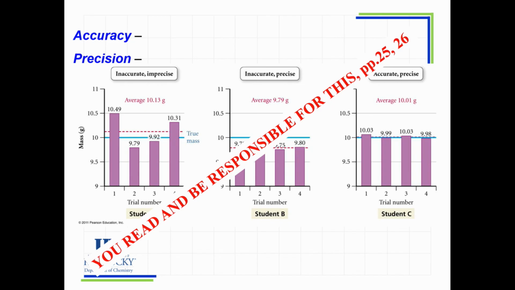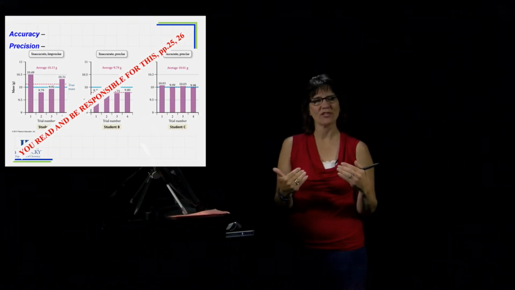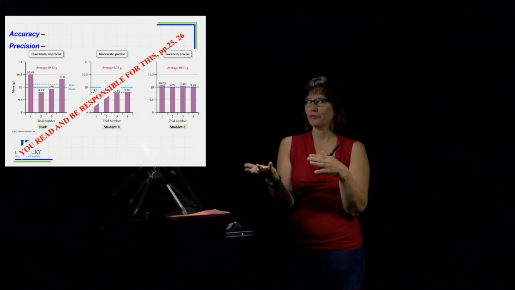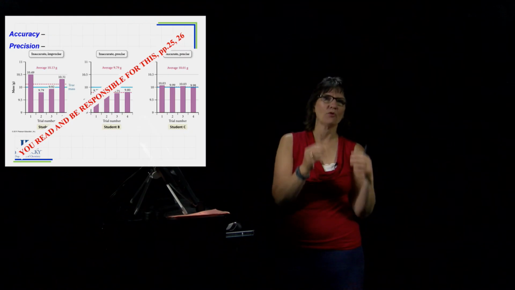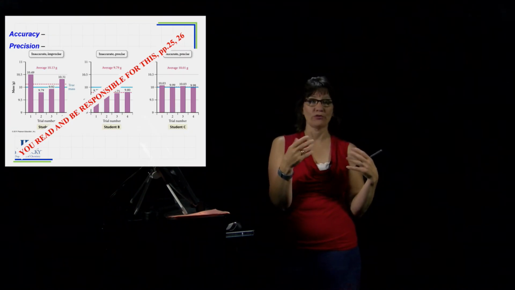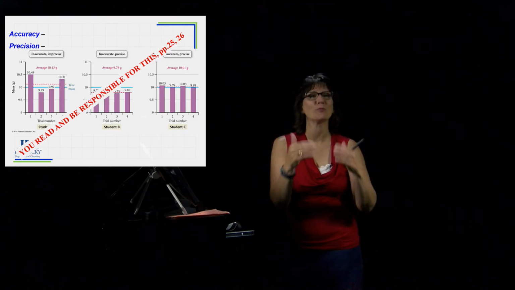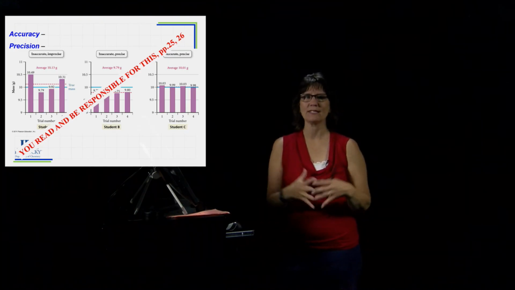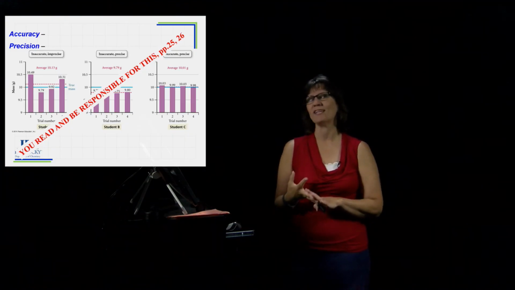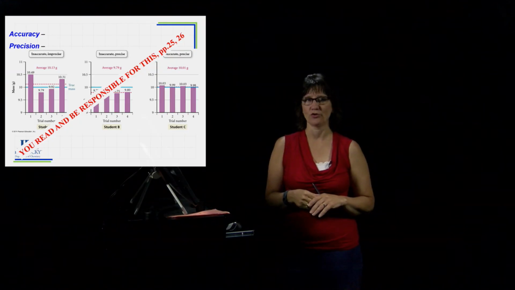I want you to be able to look at those definitions and look at a set of numbers and decide whether they are accurate and precise, or accurate but not precise, or precise but not accurate. You should be able to look at data, know the definitions, and decide how the data values fit into those two categories.